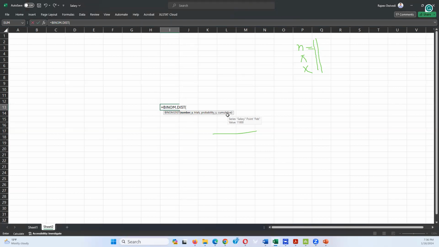So it's 12, 2, 0.10, and for PDF we put 0, for CDF we put 1. So binomial distribution.